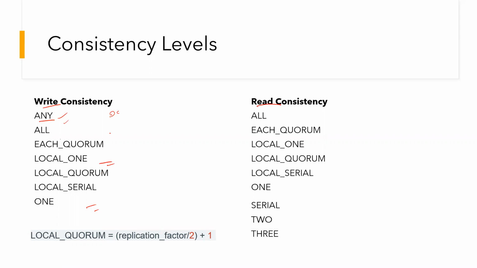Whereas with quorum, you are defining a replication factor of 3. Then you are talking about 3 divided by 2 plus 1, which is, 3 by 2 will always be taken as 1, and 1 plus 1 is 2. So it takes 2 as your quorum.